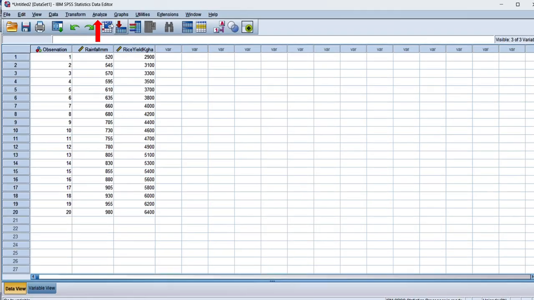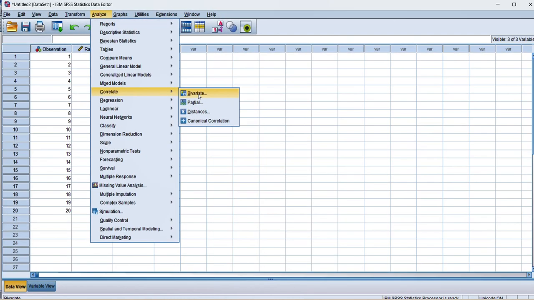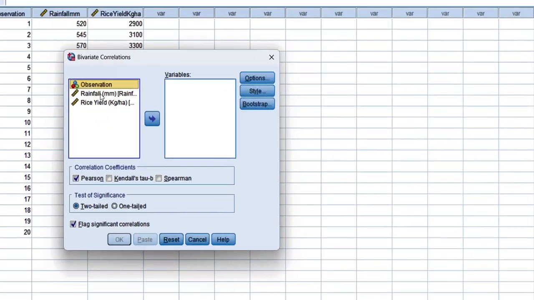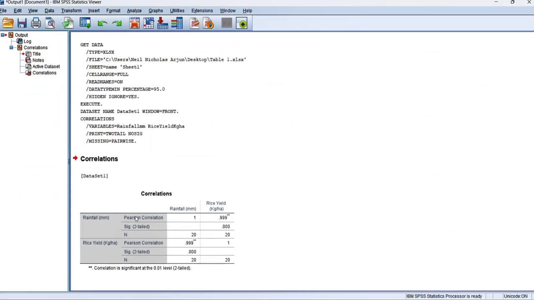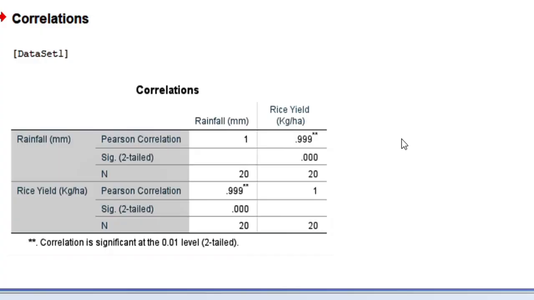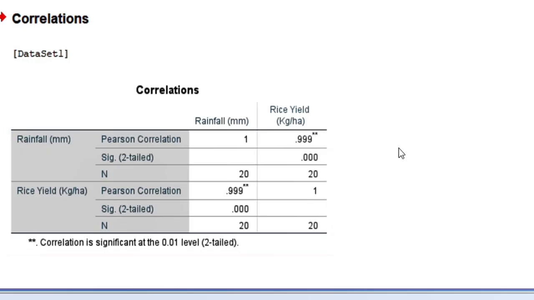So to perform, we will go to analyze, go to the correlation and select bivariate, because we are performing bivariate correlation. Your rainfall and yield would be your variables. Select Pearson, test of significance two tail, and click on OK. The Pearson correlation result indicates that there is a highly positive correlation between rainfall and rice yield in this example.